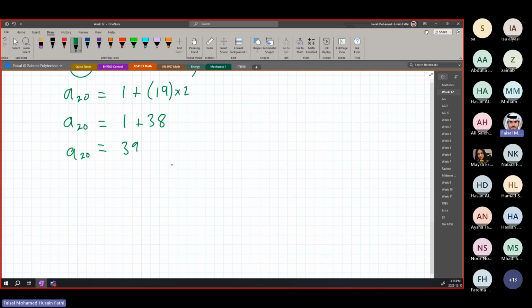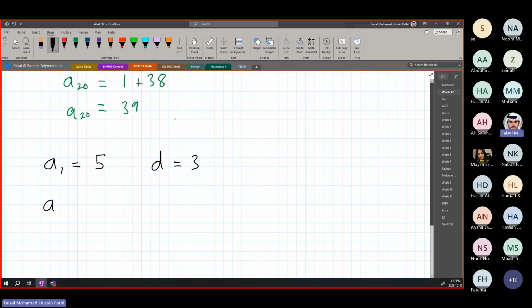For example, they will tell you, let's say A1 is equal to 5, and the common difference is equal to 3. So I gave you only these two values. These two values are more than enough to find any location for your an. Let me show you how.